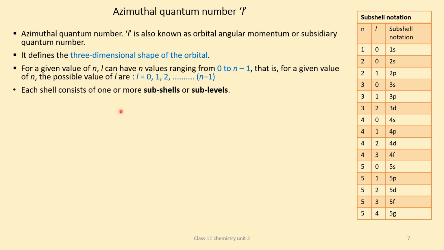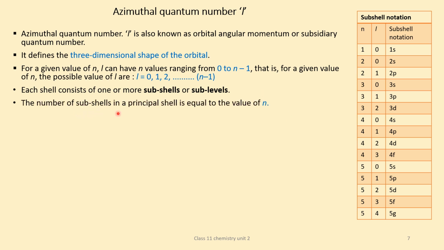Each shell consists of one or more subshells or sublevels. The subshells are designated by the letters s, p, d, f. So here in the third column, s, p, d, f represent the subshells.